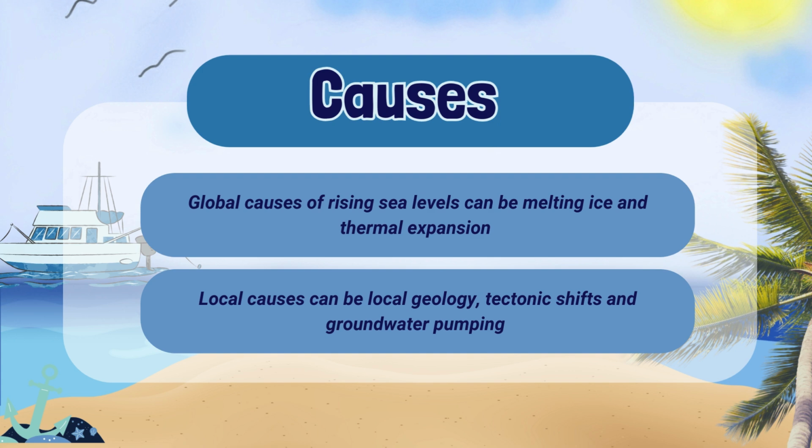And then local causes include tectonic shifts and groundwater pumping and things like that. Tectonic shifts increase the levels because if the ocean floor ends up sinking, it will push the water towards the land, which increases the measurements. And groundwater pumping also adds to the increase by taking the water that is underground, which usually ends up in oceans and rivers, which will eventually begin to increase the levels as well.